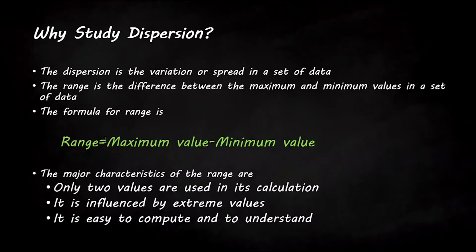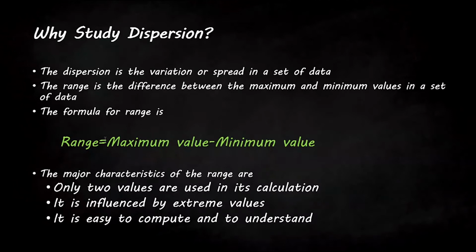The range is literally the max 8 minus 2, the min, and the range then equals 6. So it's only influenced by two values, and so there are definitely some issues with that, but it can also be really easy to calculate.